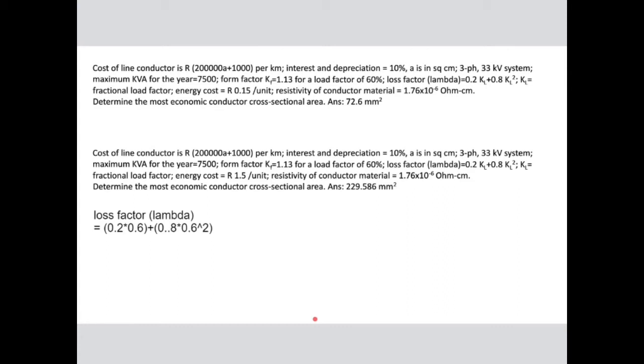Is that clear? That should give you that value of 0.408, and this lambda will in turn be multiplied with the number of hours in a year, which is 8760 hours, will be multiplied by this 0.408, which is the lambda. Loss factor is related to the number of hours. The higher the loss factor, the amount of energy wasted will be larger.